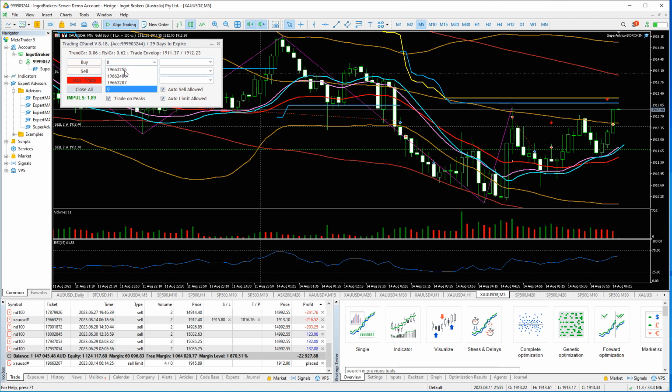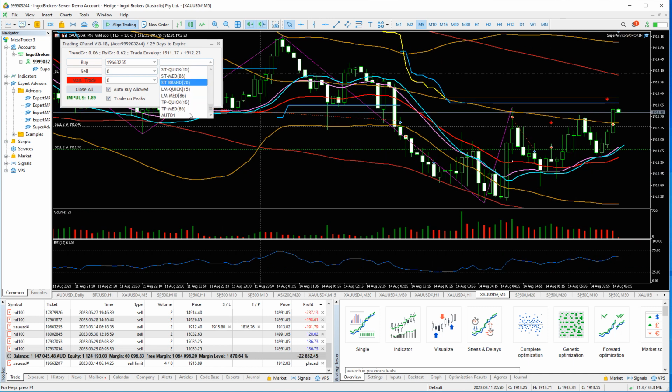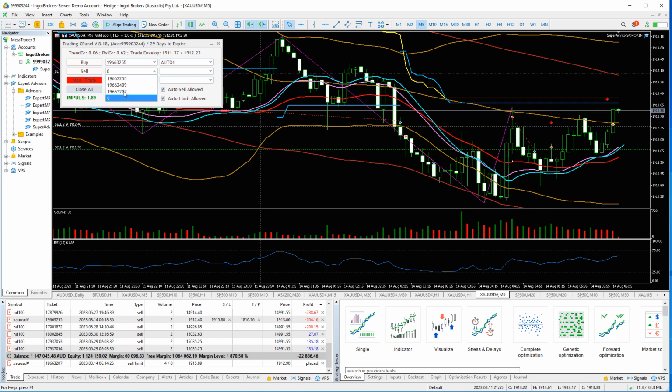What you need to do, this one position here, we have sell. We can put there, for example, auto 1. That one is still a limit, and this will be auto 2, and that will be a limit order.